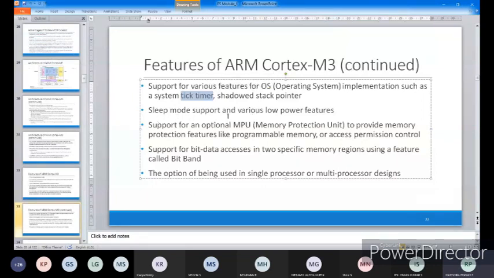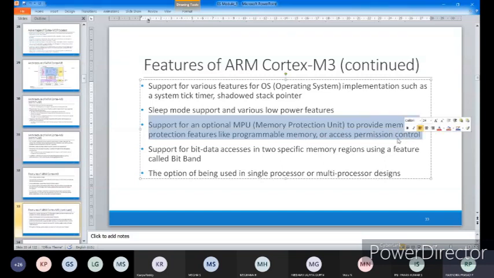Sleep mode support and various low power features. There is no need to explain this one; it is self-explanatory. It has sleep mode support and various low power features. Support for an optional memory protection unit to provide memory protection features like programmable memory access permission control.